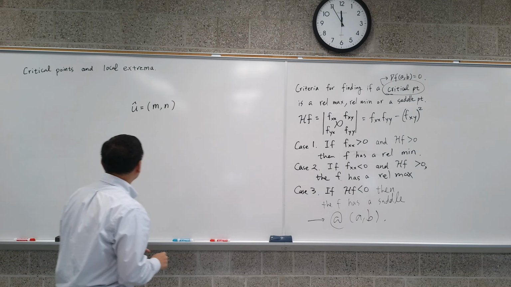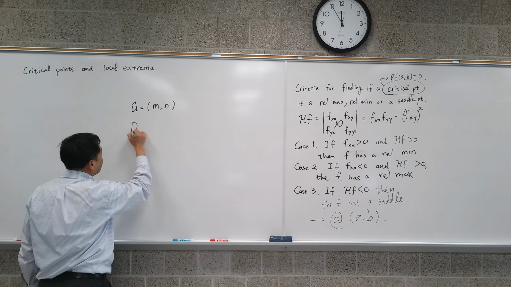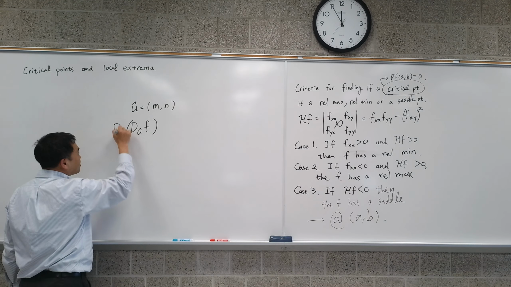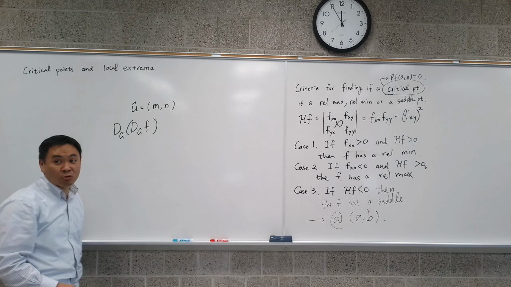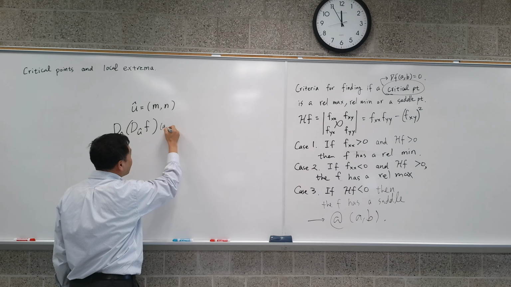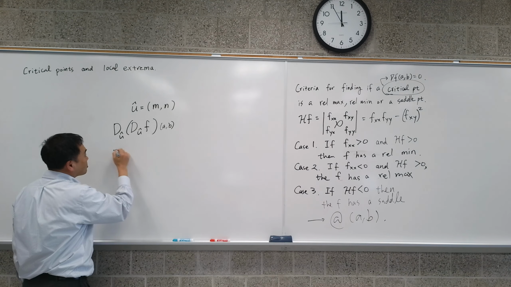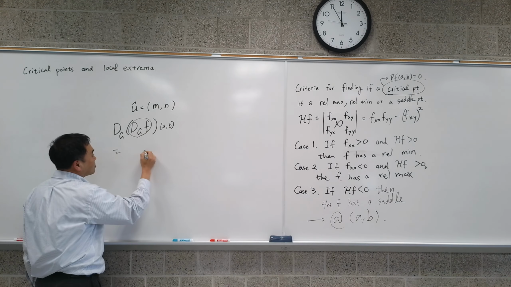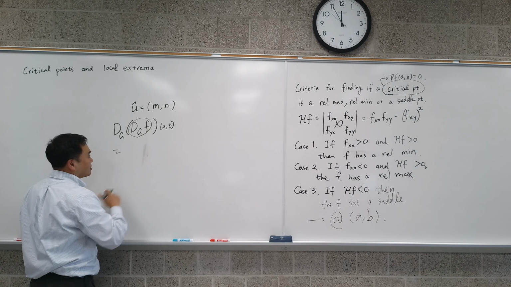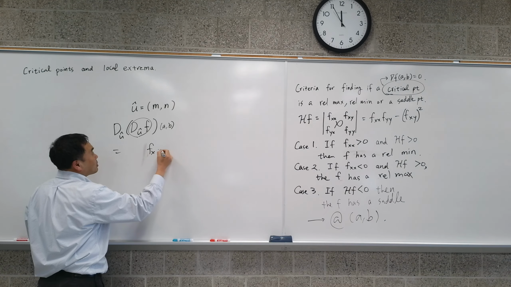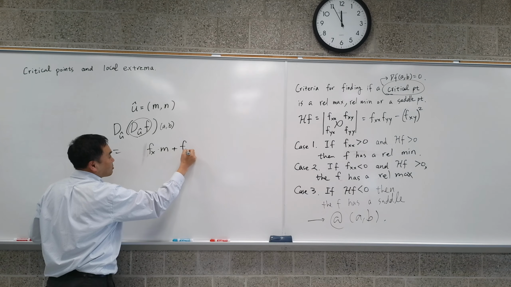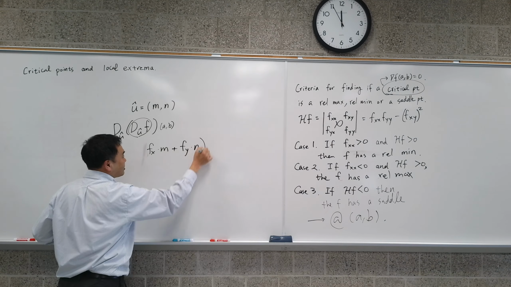So if you were to do D u hat of f and then do another D u hat, so you take the two directional derivatives of this function at (a, b), well, first of all, this by definition is f differentiated by x, and you multiply by m, plus f differentiated by y multiplied by n.